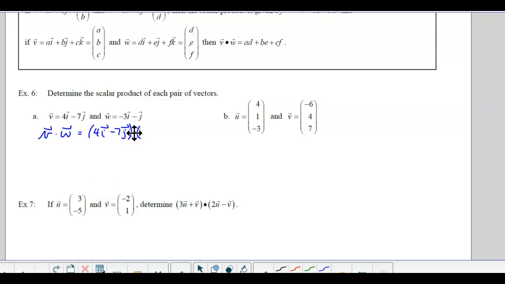You don't have to copy out each vector again. You can just go v dot w and then do that work in your head. This is what you're actually doing. So when you do that, you get negative 12 plus 7, which is negative 5.